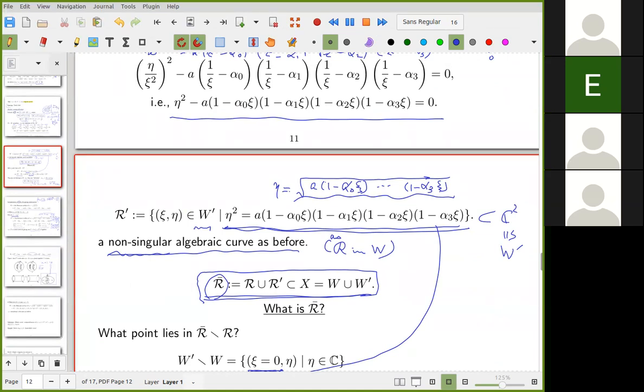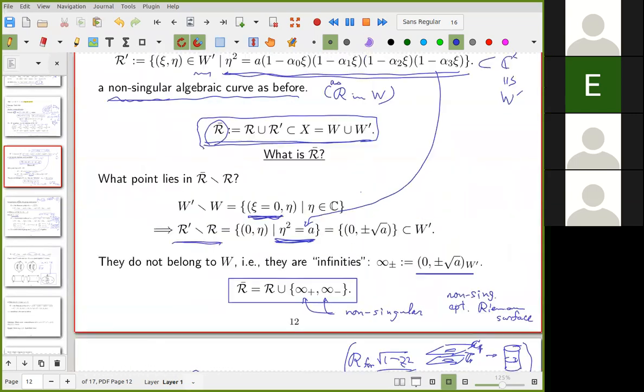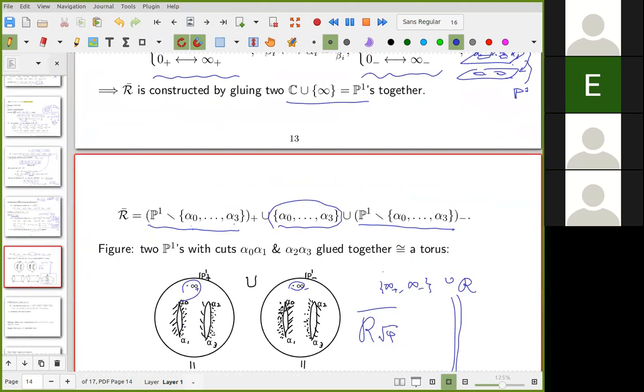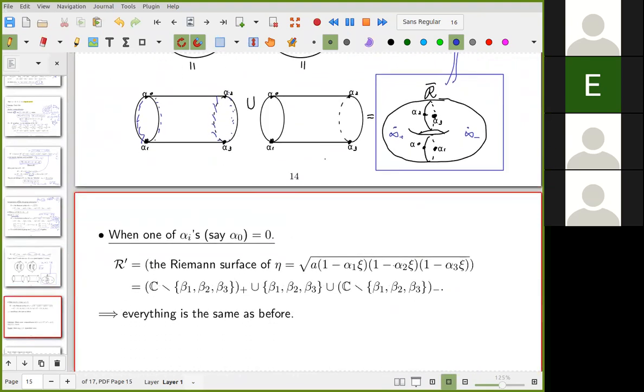And since alpha zero is zero, it is nothing but the Riemann surface for the square root of this third order polynomial.